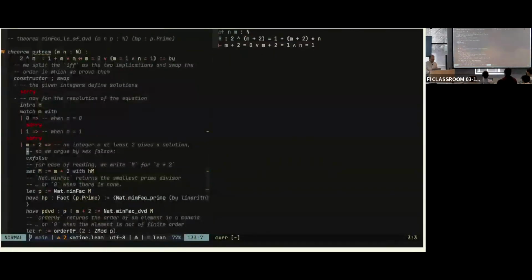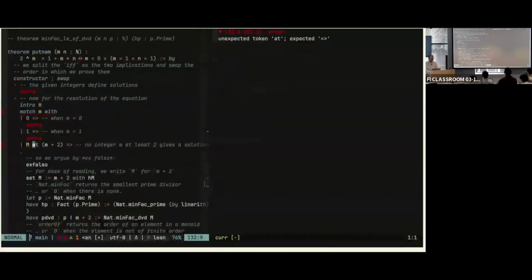Ideally, I would have typed capital M here, but I'd lost the hypothesis that capital M is at least 2. I think you can write capital M parentheses n plus 2, like M with the at. Email at.